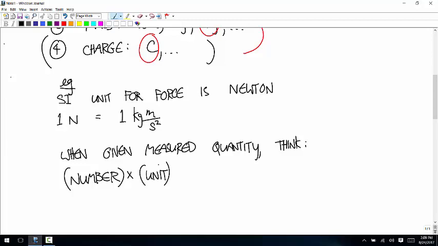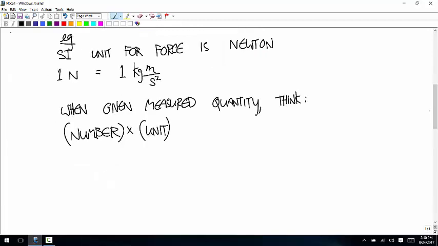The nice thing is, if you think of it as a number times a unit, so for example, getting ahead of myself, let's say 25.4 meters. You think of that as 25.4 times this unit meters.